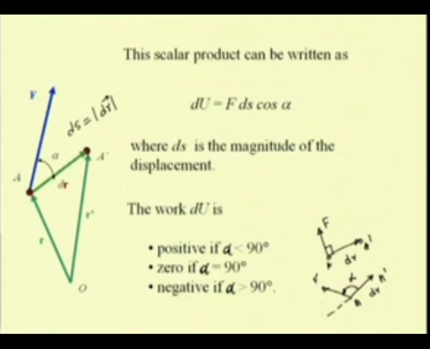So, the component of the force along the vector dr is in the negative direction, and so the work done by this force in moving the particle from A to A prime is negative. So, this way we have three cases where the work done by a force can be positive, 0 or negative, depending upon the direction in which the force vector acts with respect to the direction of the actual displacement of the particle.